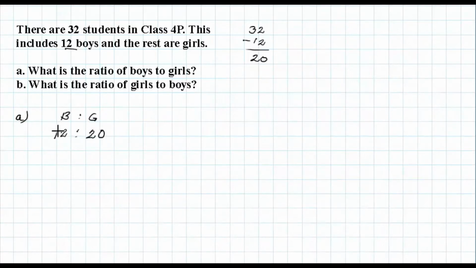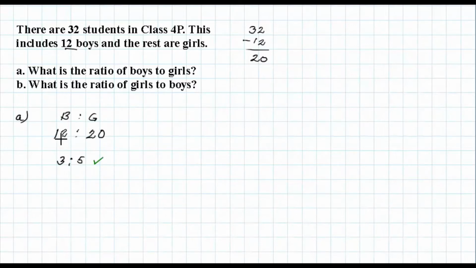If we divide the 12 by 4, I get 3. And if I divide the 20 by 4, I get 5. And so the ratio is 3 to 5. That's the ratio of boys to girls. So there are less boys than there are girls.